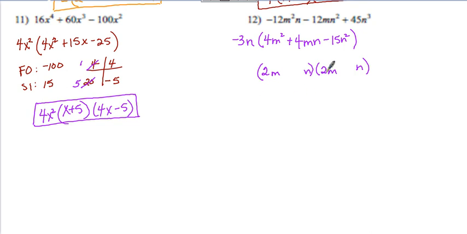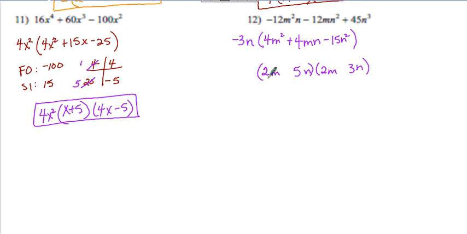If we have 2m, we'll get our 4m squared. And let's try and see if we can find things that multiply to 15. Usually we end up with a 5 and a 3 with the 15s, right? It's probably not 1 and 15. Now let's start playing with the signs here. What kind of signs can we use to make this work for us?